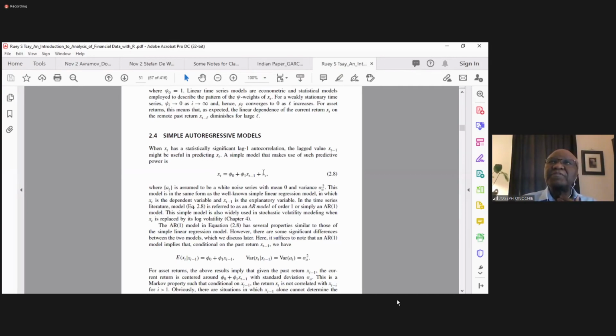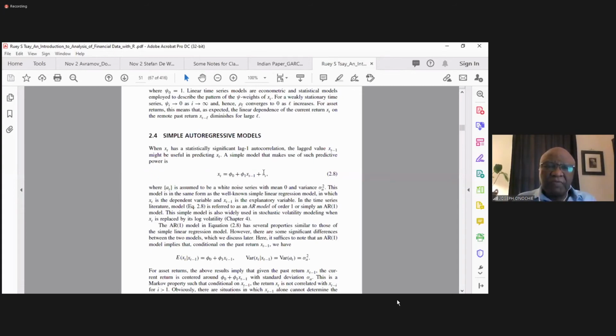If the white noise comes from a normal distribution with IID observations, then we call it Gaussian, G-A-U-S-S-I-A-N. Okay, Gauss is responsible for the normal distribution. So we call it a Gaussian white noise. So it's a very simple process.